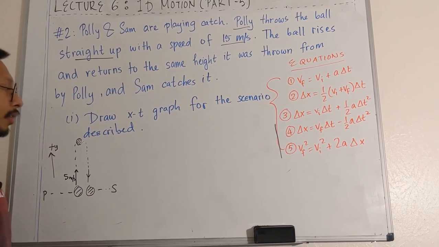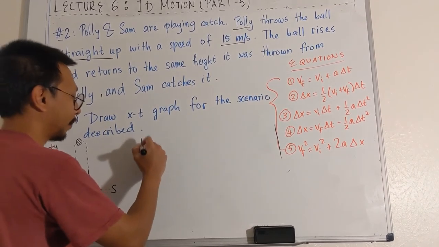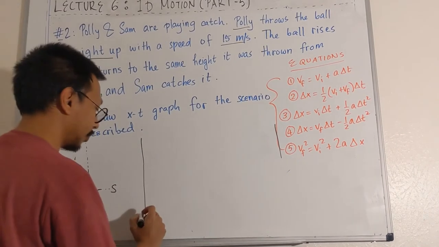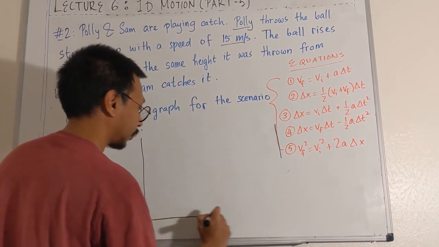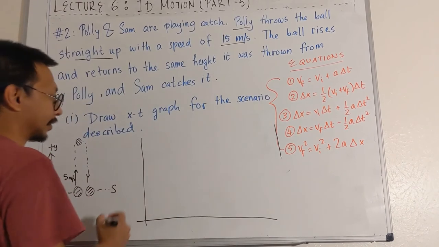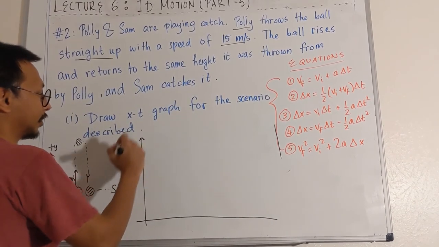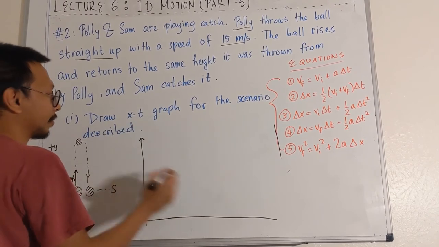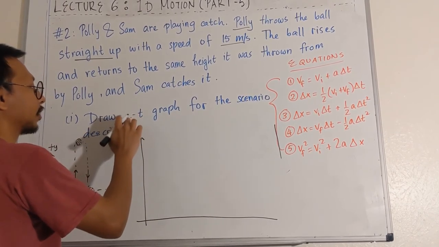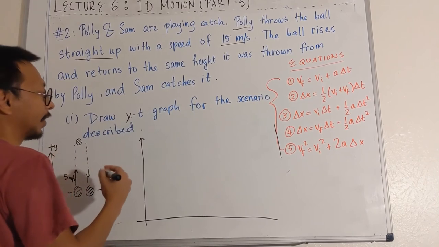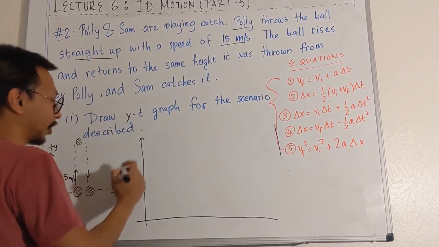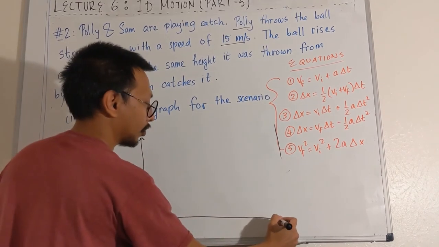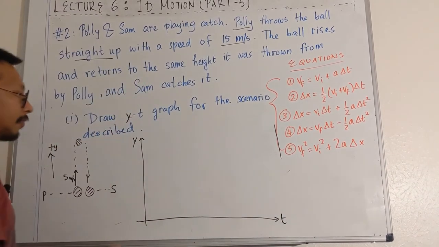All right, so as I said in the previous lecture, first we will draw out the relevant axes. The relevant axis in this case is position and time. So let's call it yt, because we are describing vertical motion. So in the vertical axis we have y, in the horizontal axis we have time, like before.